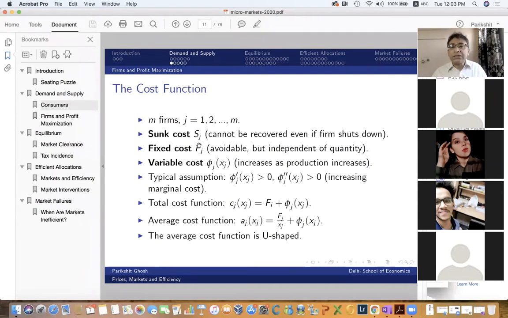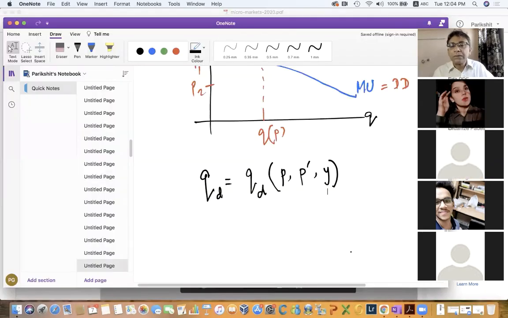To the accountant, it may show positive profits, a margin between revenue and costs. Zero profits in economic analysis means zero economic profits, meaning revenue minus all the explicit costs as well as all the opportunity costs, like how much salary I've foregone, how much interest I've foregone, and so on and so forth.